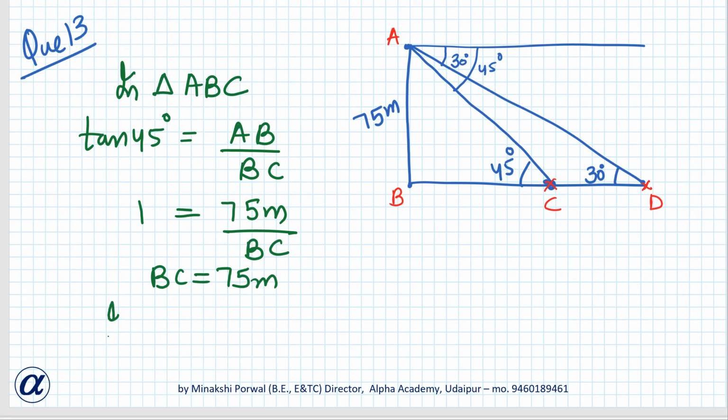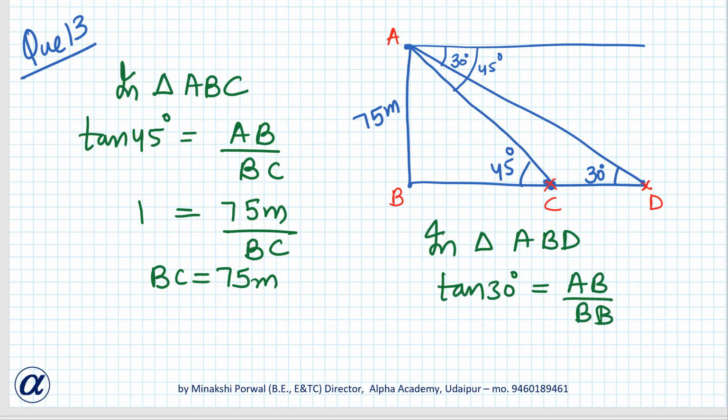Then in triangle ABD, tan 30 degrees is equal to perpendicular upon base. Tan 30 is 1 upon root 3. Perpendicular is 75 and base we don't know.